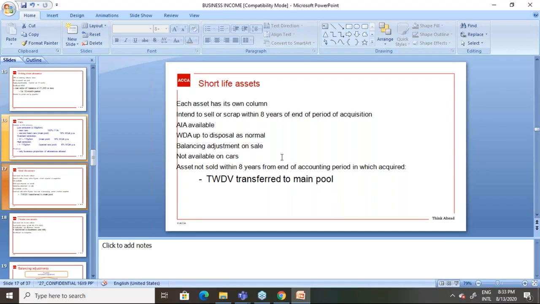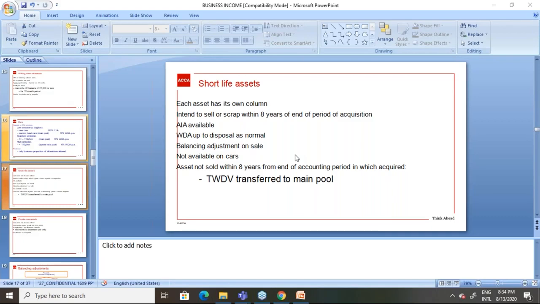Short life assets are normally assets included in the main pool, but since you intend to sell them within a period of 8 years, you maintain a separate column and claim normal WDA at 18%. At some point, if you sell the asset, you will have either a balancing allowance or a balancing charge.